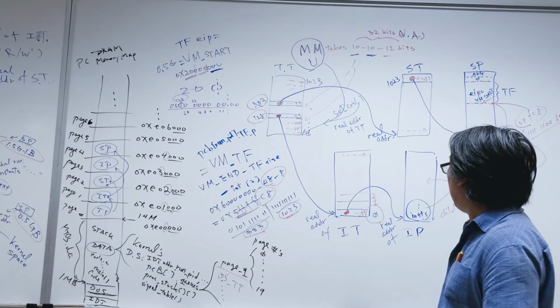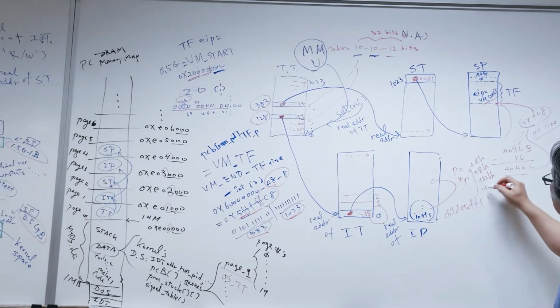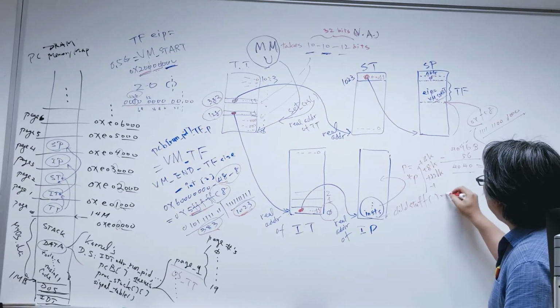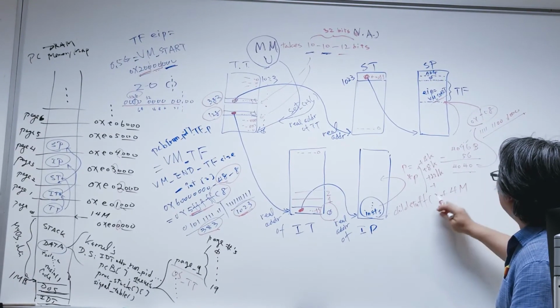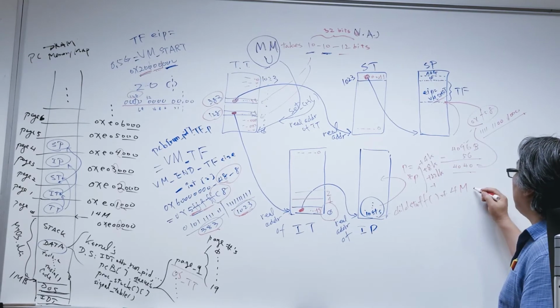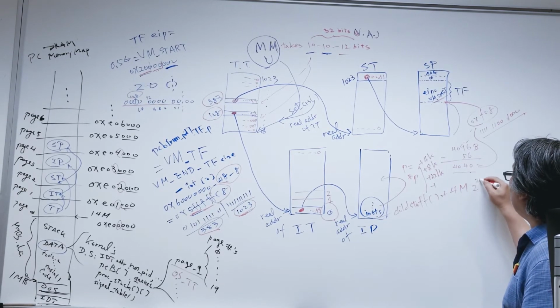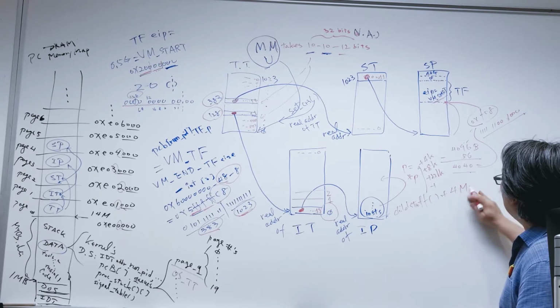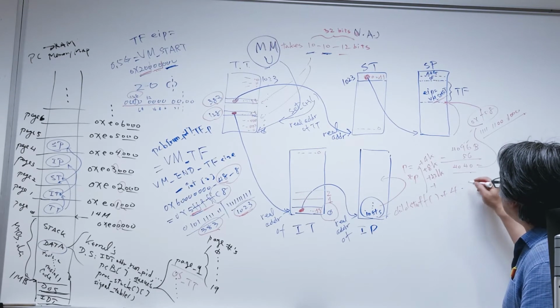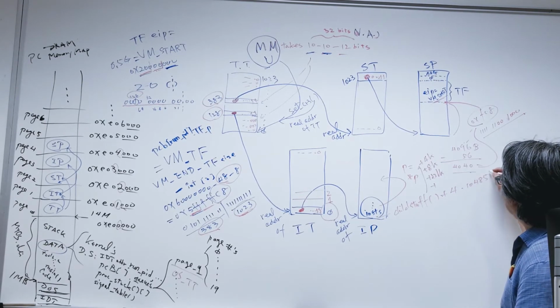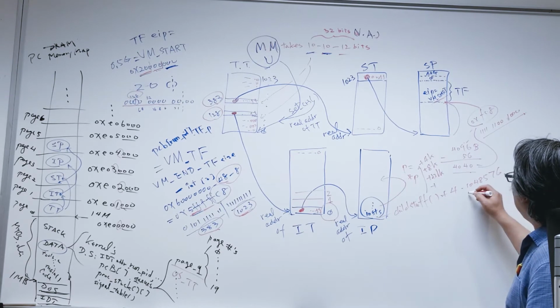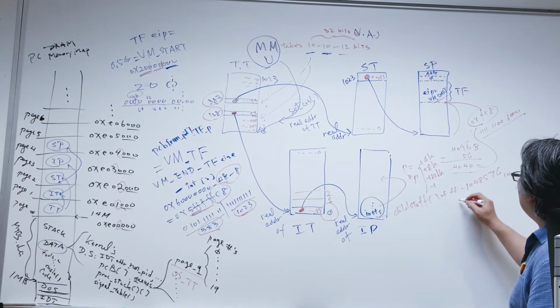And if you add 4 meg, okay, if you say, oh, it's this guy plus 4 meg, okay, the 4 meg is going to actually power out 2 to the 20. Okay, so the meg is there's this number, okay, the 2 to the 20 is in decimal.